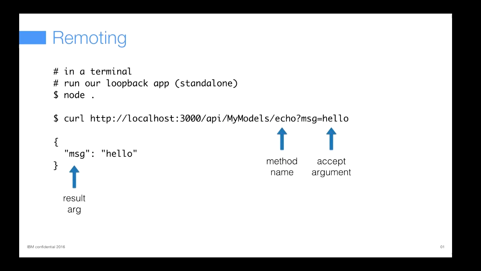This is the mechanism that LoopBack uses to take the JavaScript methods defined by a connector and turn those into REST APIs with a little bit of mapping metadata. That's what was on the previous screen.